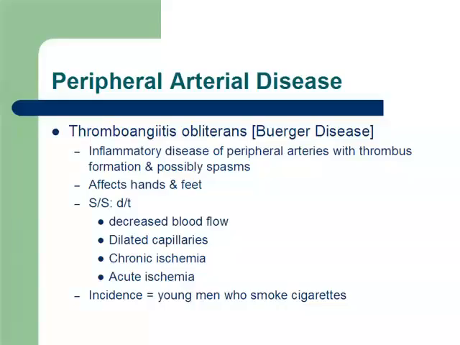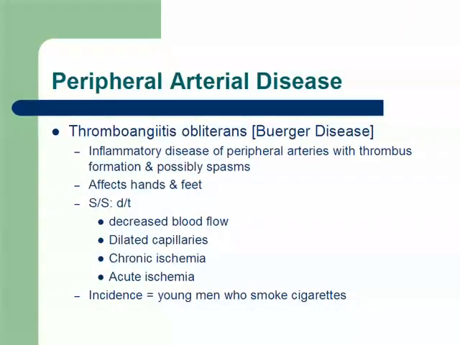Peripheral arterial disease, an example is thromboangiitis obliterans. And thromboangiitis obliterans is also called Buerger's disease. This is an inflammatory disease of your peripheral arteries with thrombus formation and possibly spasms that occur in that extremity. It affects your hands and your feet.